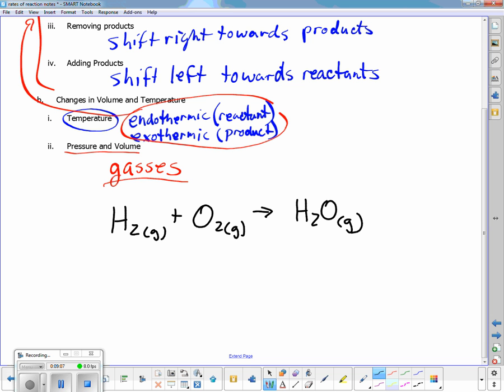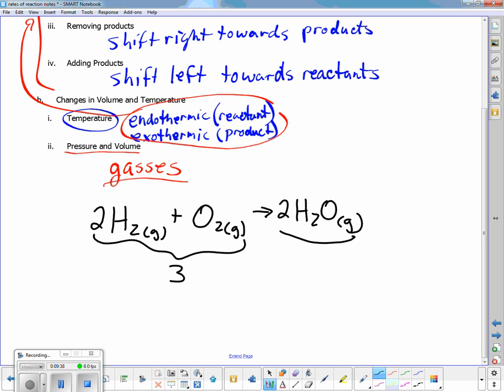What do I need to do to balance it? So, Thomas, how many gas moles do I have on the left side? I have 2 hydrogen and 1 oxygen for a total of 3.